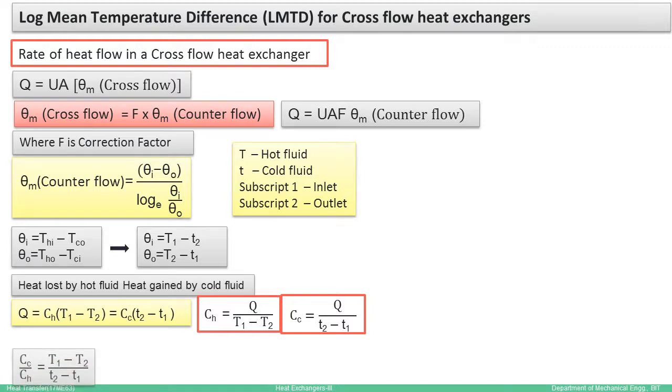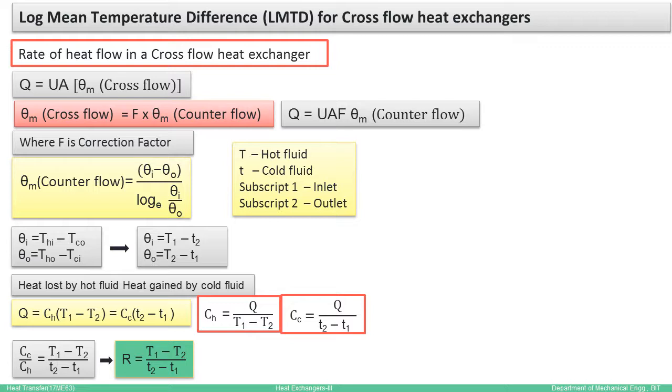If you divide Cc by CH, we can express this as (capital T1 minus T2) by (small t2 minus small t1). That means this is actually the ratio of heat capacities of the cold fluid and hot fluid. Cc by CH is the ratio of specific heats of the cold fluid and hot fluid, and this term is used frequently in the charts as R. R is equal to Cc by CH.